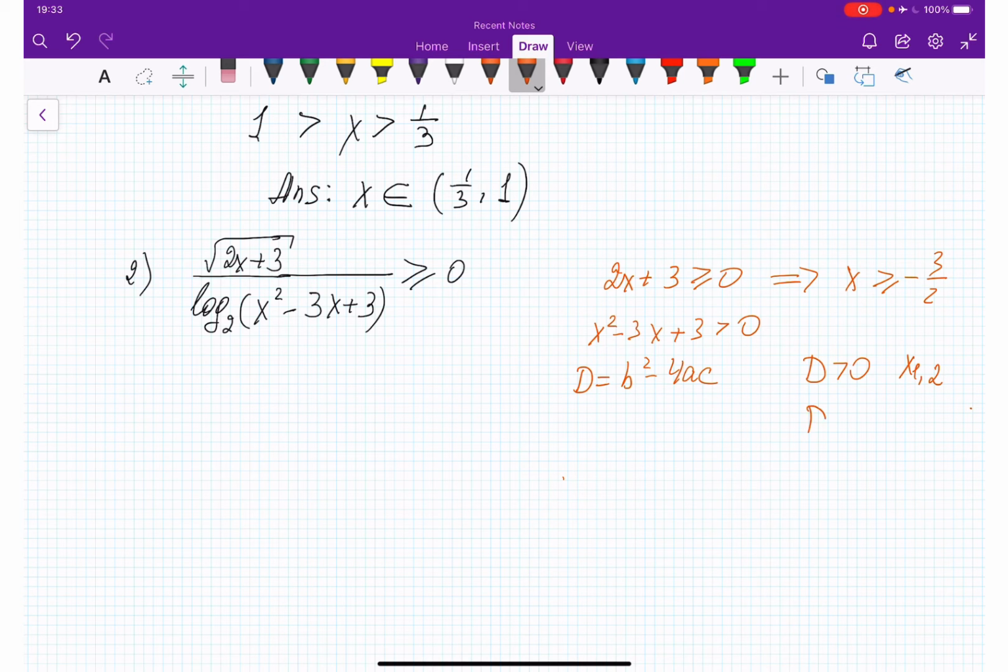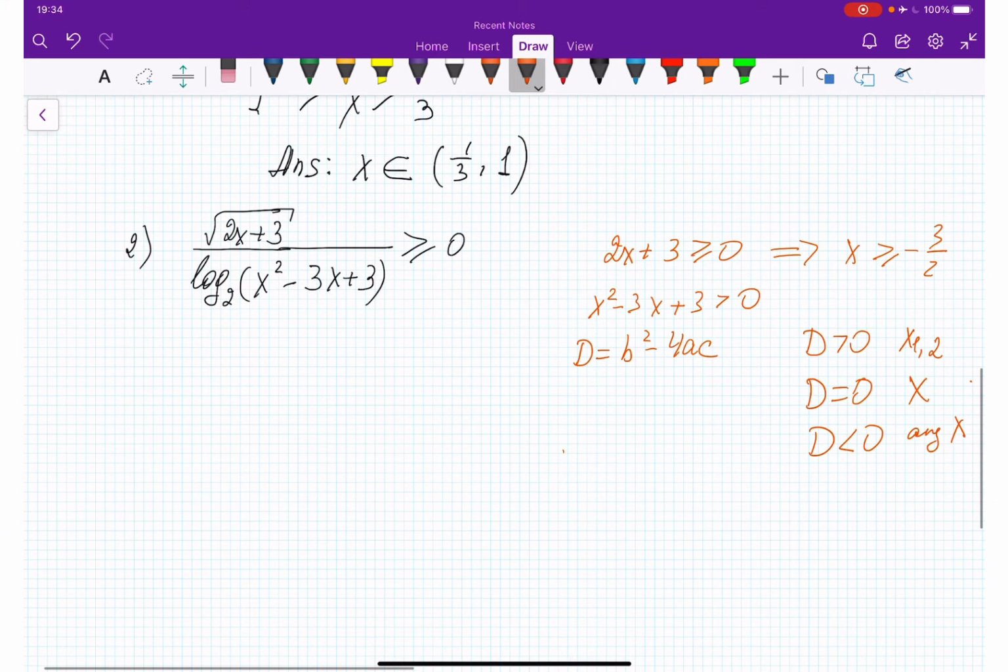When the discriminant is equal 0, then we have as a solution one x. When the discriminant is less than 0, the inequality has a solution at any value of x. Any x. Okay? All right. So this is the first condition, this is the second condition, and we have a third condition also.